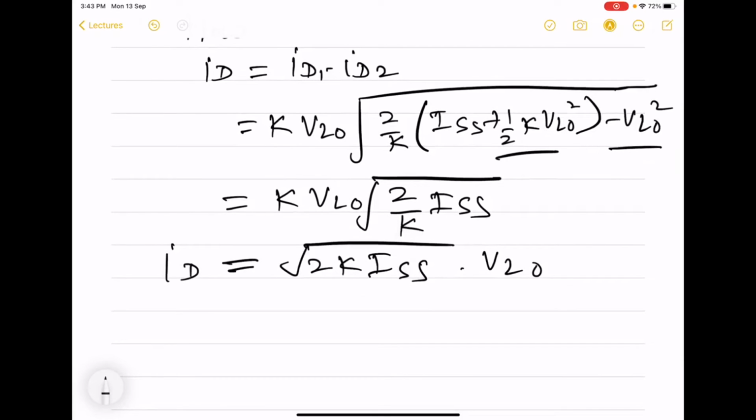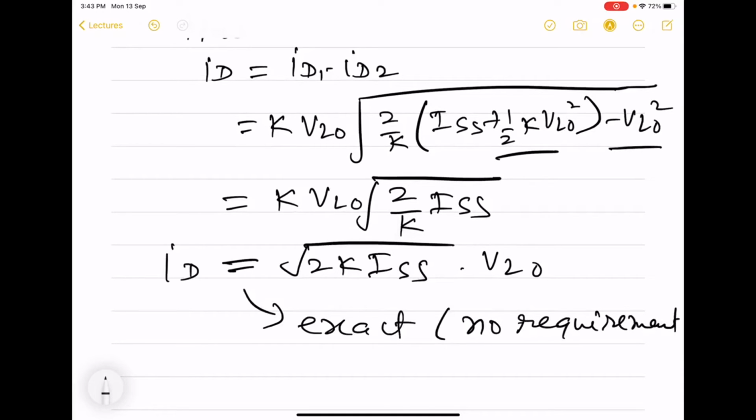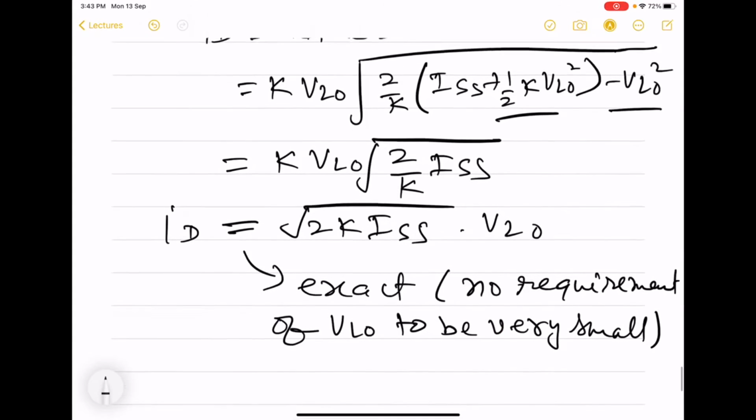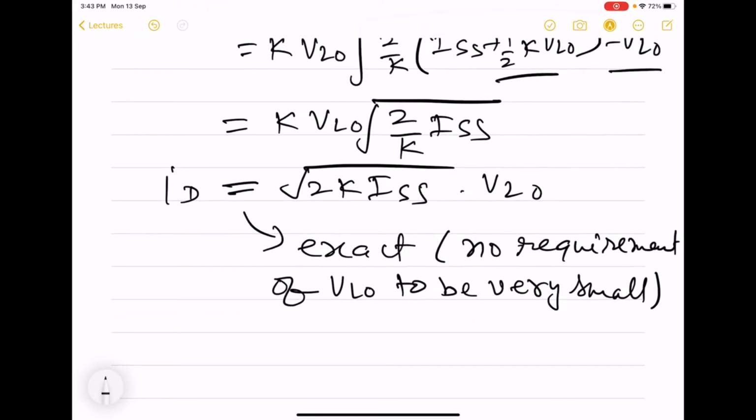So recall that we earlier got this equation as an approximation for small LO, but now this is exact, and there is no requirement of VLO to be very small. Earlier VLO was required to be very small, and only then we got the approximate equation. This time we are getting an exact expression.